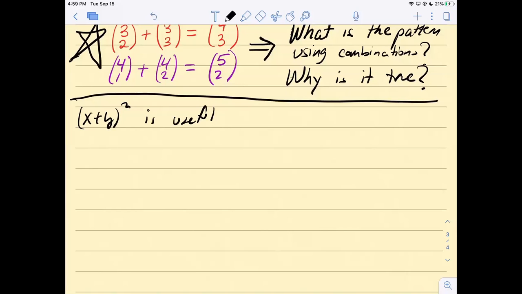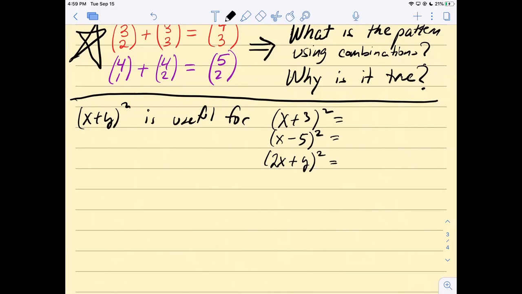So it's useful for x plus 3 squared, x minus 5 squared, right? These both have that format. We can use the expansion, just substitute for the appropriate number and expand using the format.